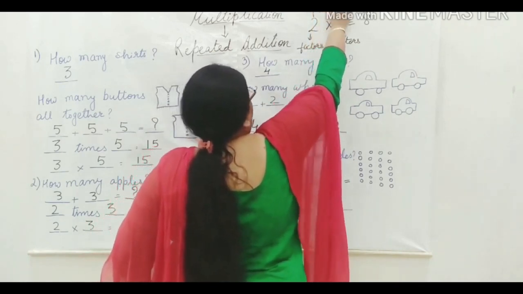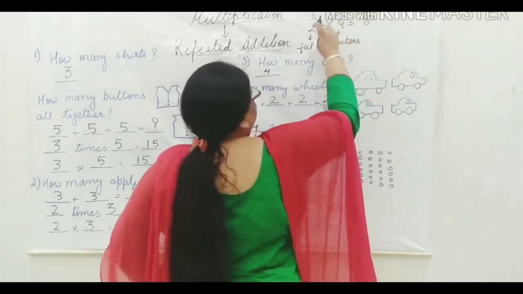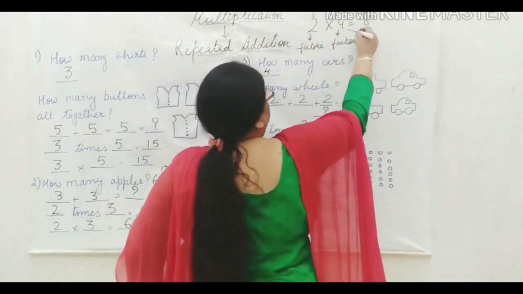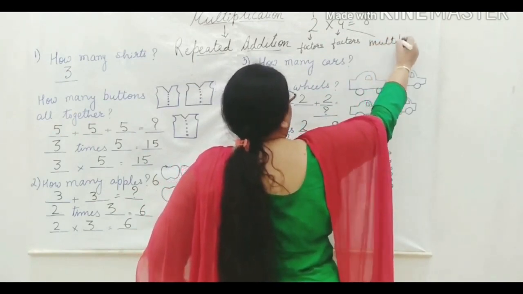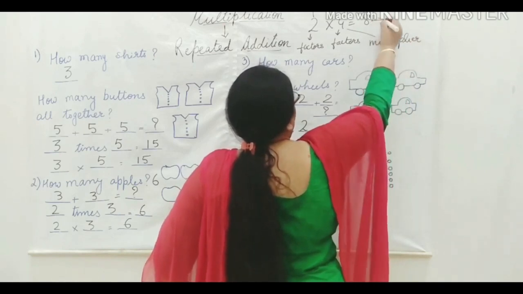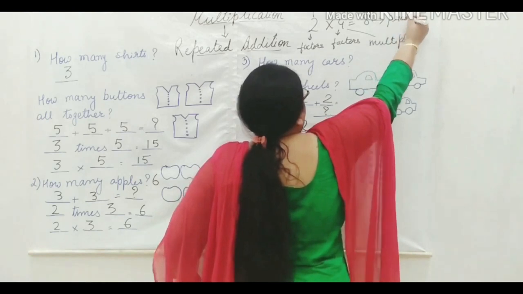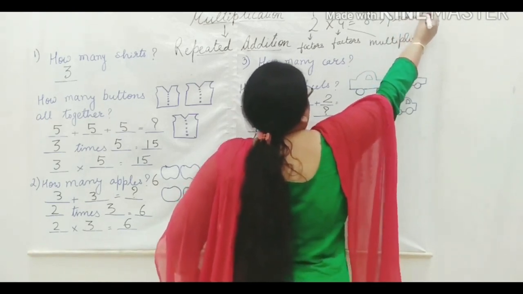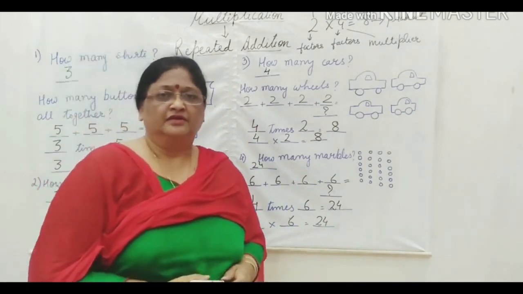Sometimes we ask you to use this multiplicand. This is also called the multiplier, and the answer we get is the product. This is the product. That you have to remember, that you have to learn.